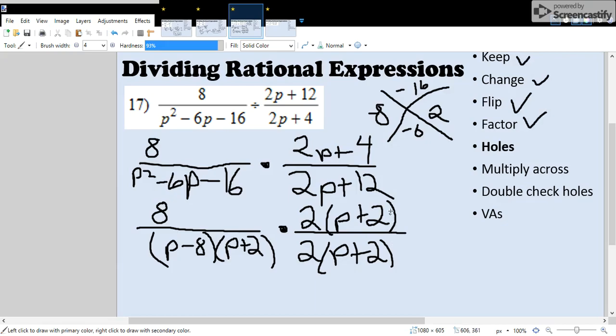Now we're going to see if anything cancels right away. The 2s cancel. The p plus 2s cancel. This should be a 6, not a 2.